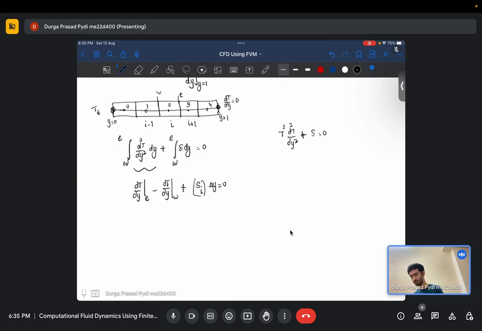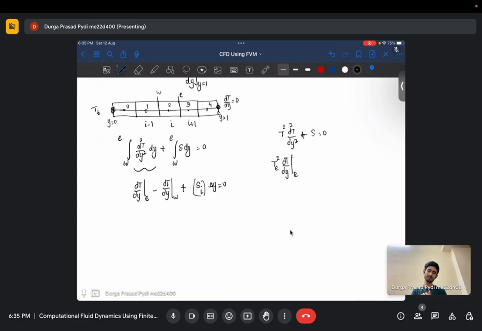The problem, I'll tell you, is if you take the east face, it will give you something like this if you discretize it. You will put T east there. Yes, the problem is that the temperature itself is unknown.